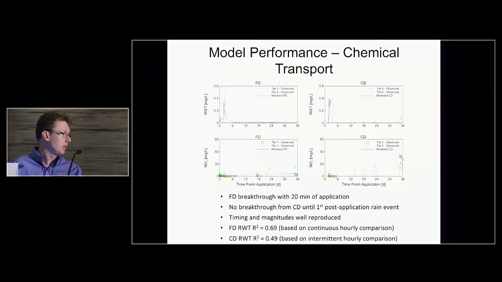And we see the timing and the magnitudes are reasonably well reproduced for both free drainage and controlled drainage. And what's really interesting here, and probably the most important thing on this slide, is to see how the model reproduces the late time nitrate spike in the tile drain effluent from the controlled drainage situation. So that was one of the anomalies we wanted to use the model to try and sort out.